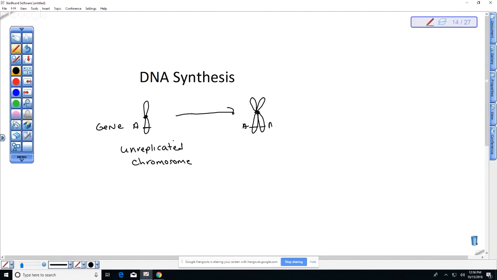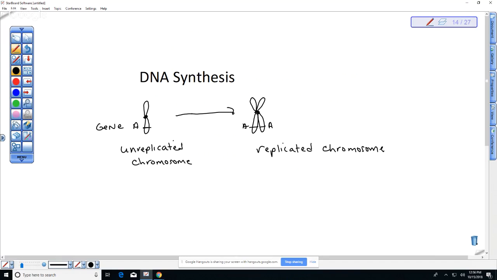So I would have two copies of the gene. So this is what is said to be a replicated chromosome. You need to be able to identify them as replicated versus non-replicated, unreplicated.